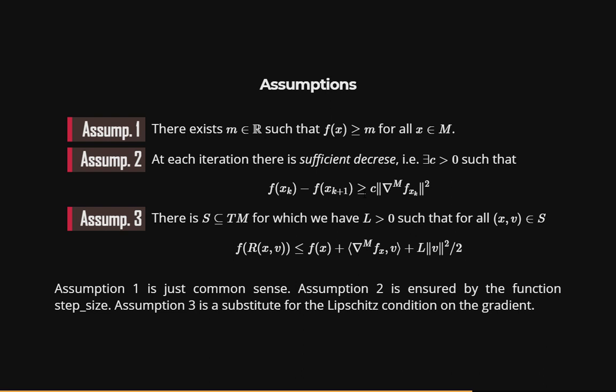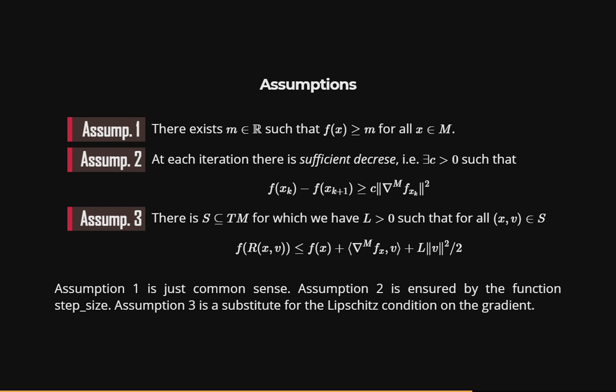In Rn you don't see it, but it also depends on the retraction. In Rn you don't have the retraction because the way of moving from a point in a direction is just you sum the point and the displacement vector. But on a manifold, here you have a dependence also on the retraction function. So changing the retraction function can give you different sets S and different constants L. By the way, normally you don't know L explicitly.